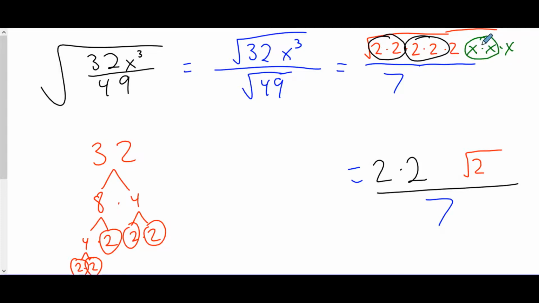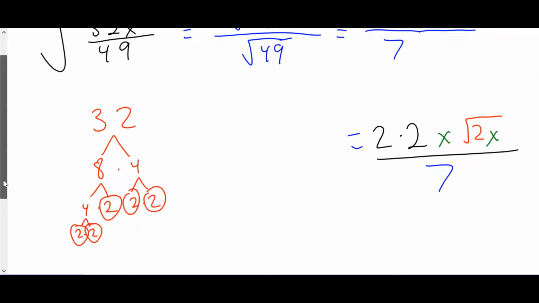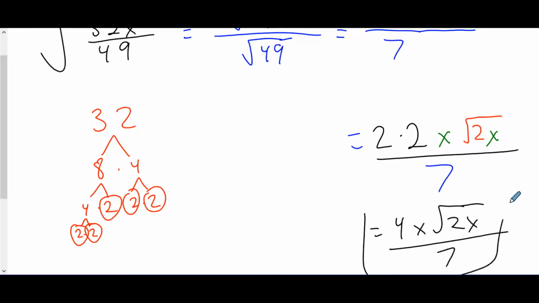So I can make one group of 2 x's. So the square root of an x squared is an x. There's one x left over, and that's going to stay on the inside. The last thing I can do is simplify this part. I have a 2 times 2 here, and that is a 4. But everything else will stay the same.